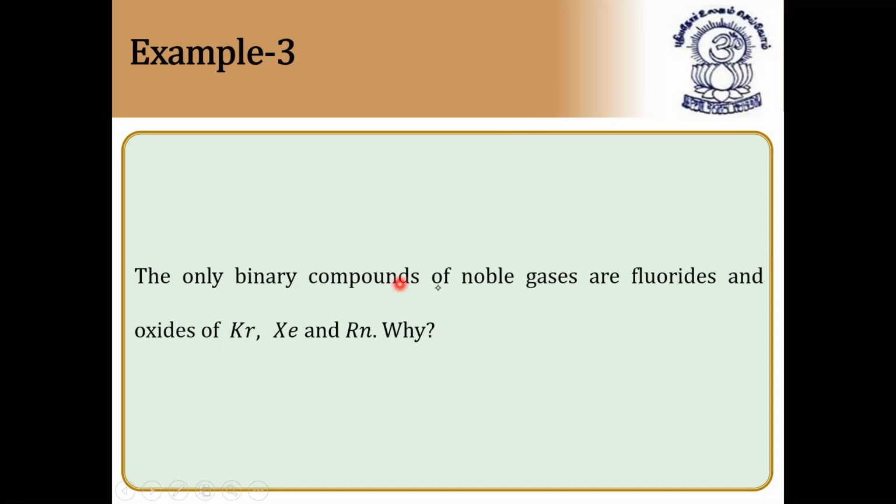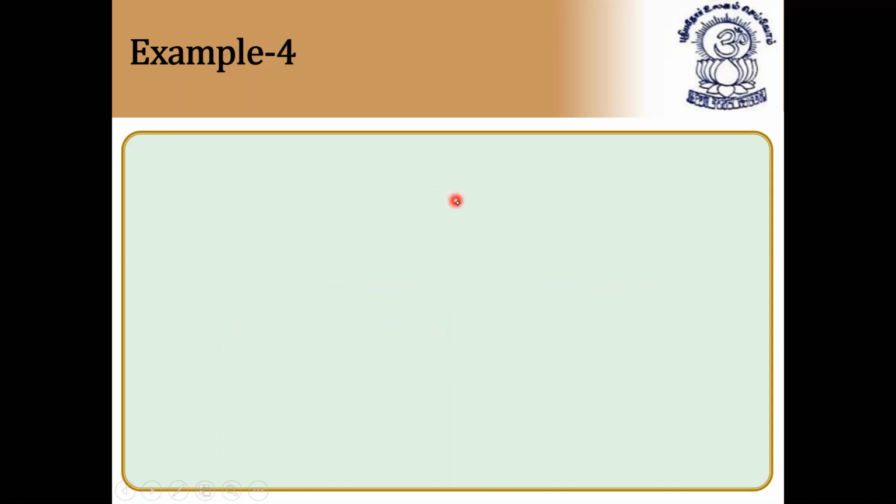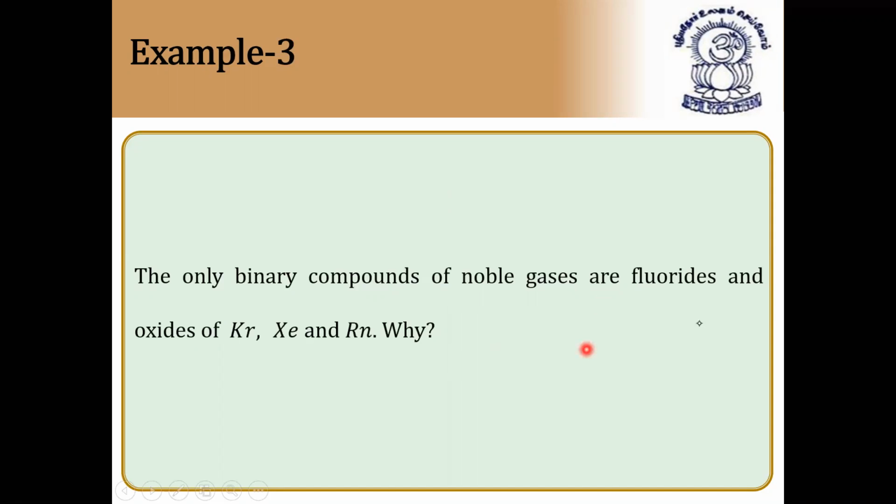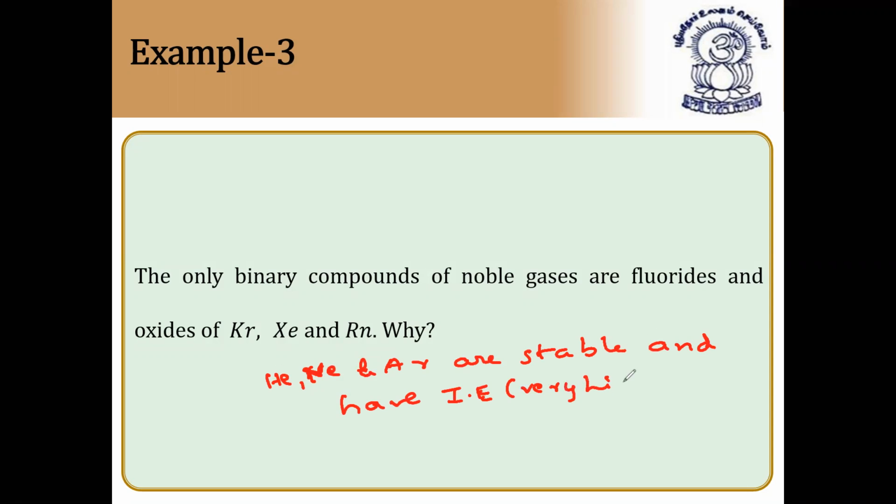Next question. The only binary compounds of noble gases are fluorides and oxides of krypton, xenon, and radon. Why? Because helium, neon and argon are stable and have very high ionization enthalpies, so it is very difficult to make them react.